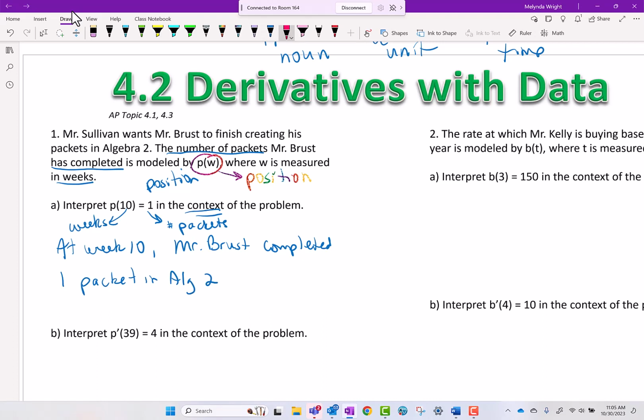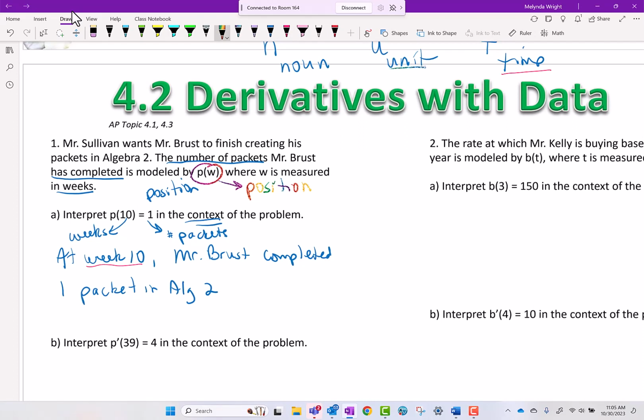So let's kind of underline. We've got our time. I'll just use that color to underline time. We've got our unit, which is a packet. And we've got our noun, which is he completed one packet in Algebra 2.